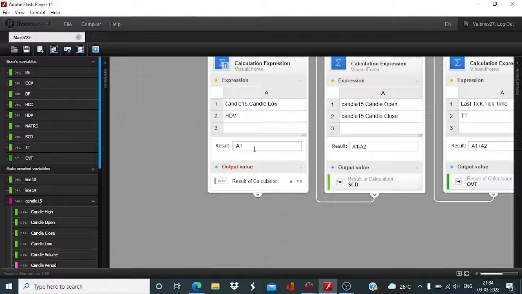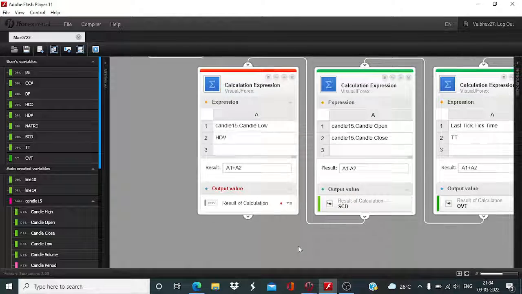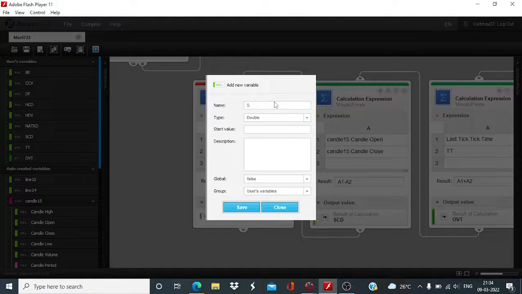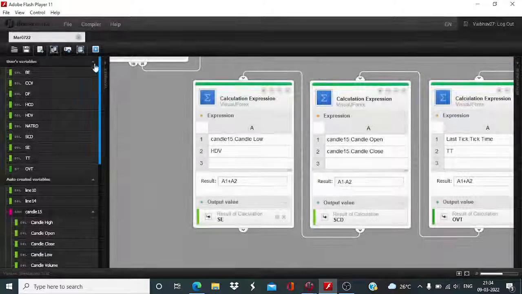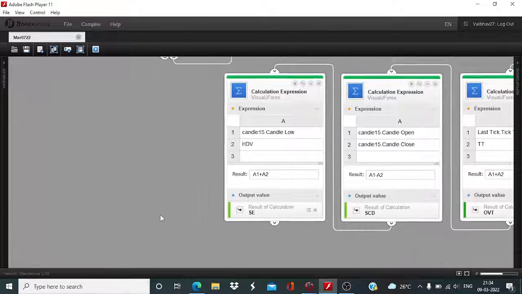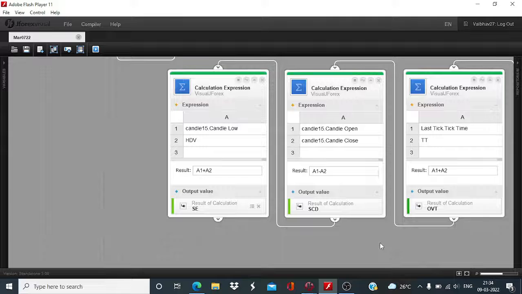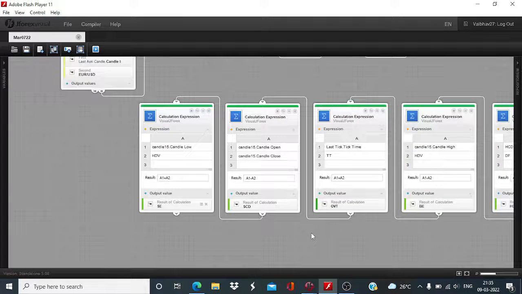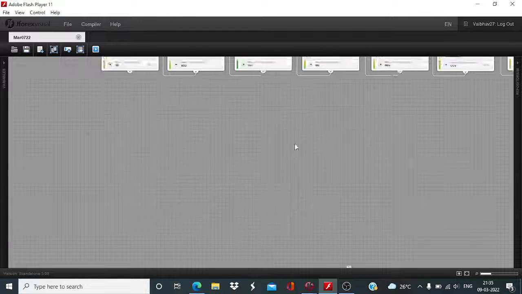This will be A1 plus A2. I will name it SE. Now it's time to join it on the lower side.